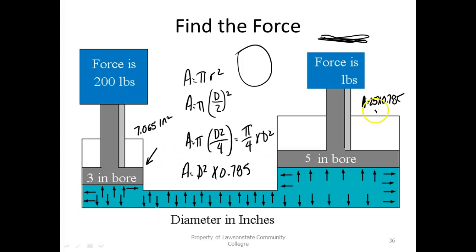What's that? 19.6. Okay. So what would be my ratio between the two? 19.6 to 7.06.